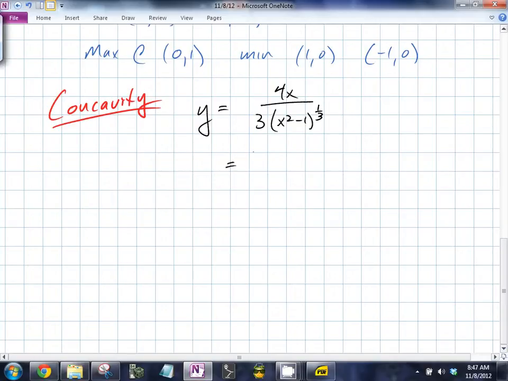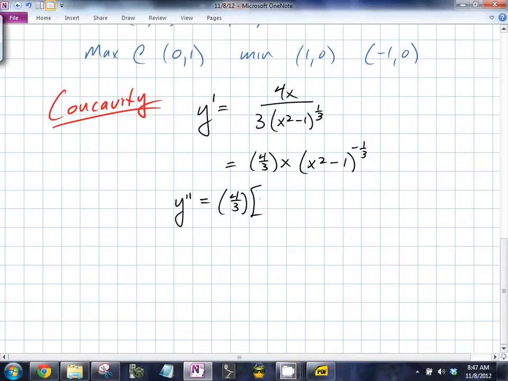So it's going to be 4/3 times x times x squared minus 1 to the... This was y prime, sorry, so we need to do y double prime. The 4/3 stays out front. Which one is our first function? X. What's our second function? X squared minus 1.